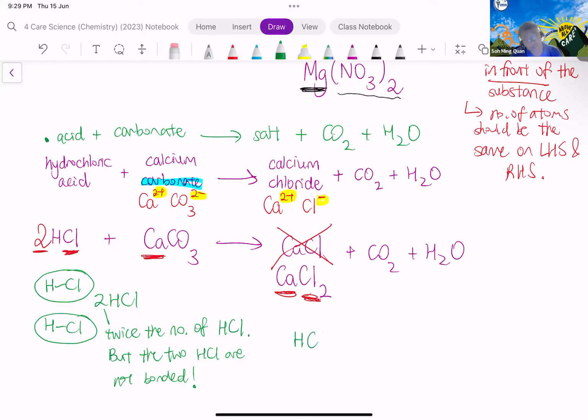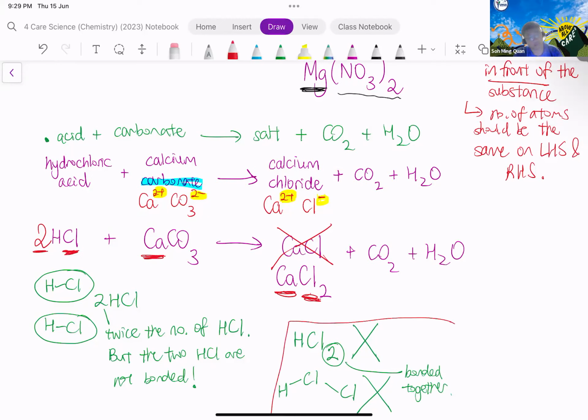If you had written HCl2, which is incorrect, what you're trying to say is that you have HCl and they're bonded together somehow, which is incorrect. The 2 at the bottom means bonded together. Okay, so this is incorrect.